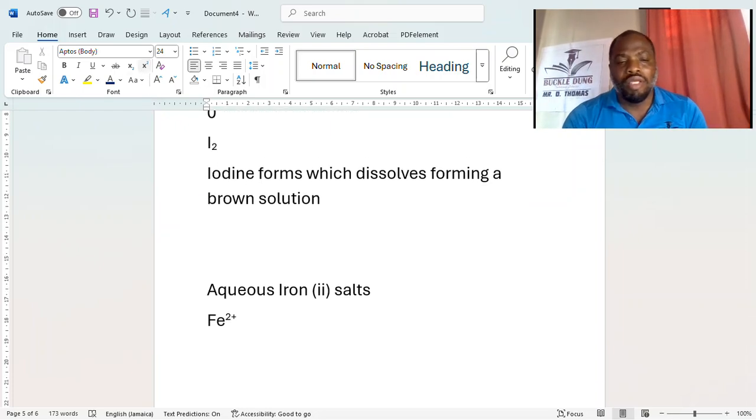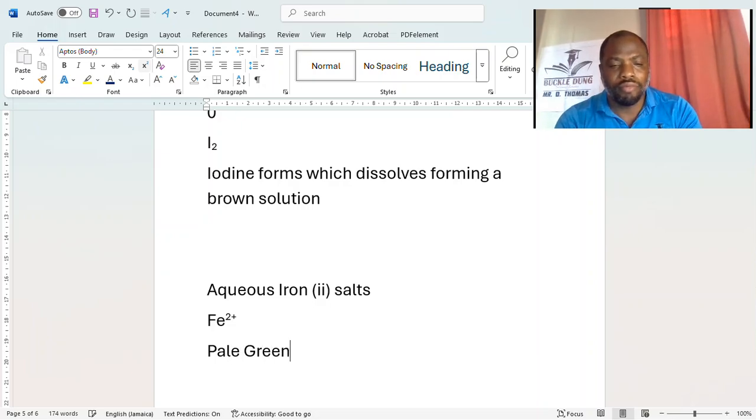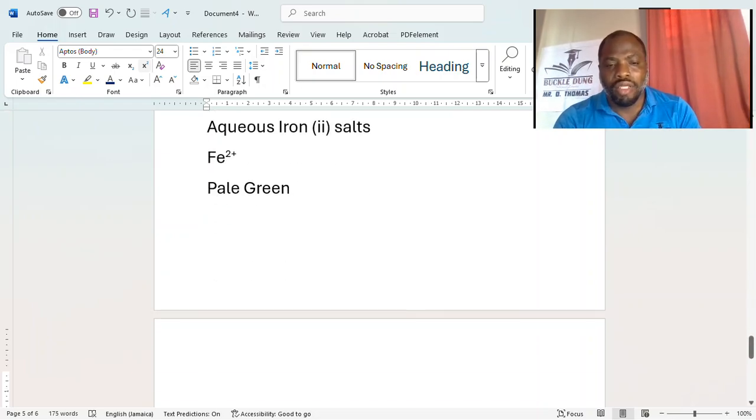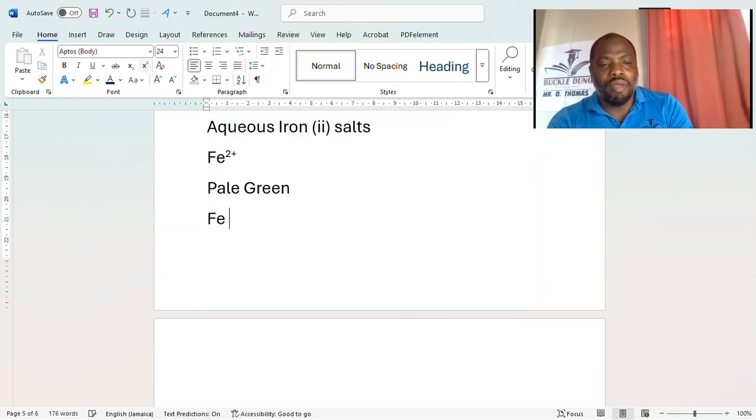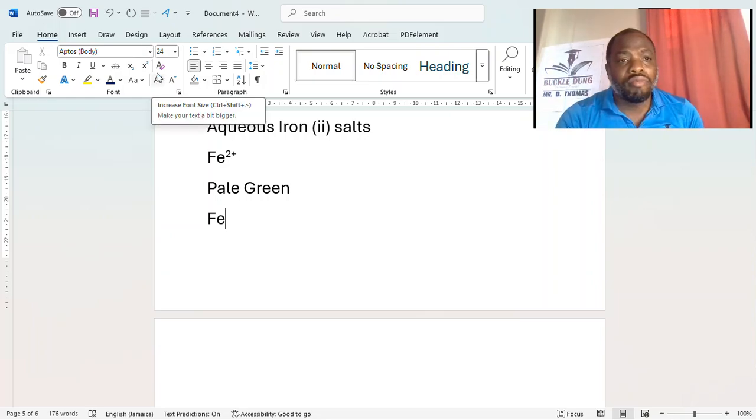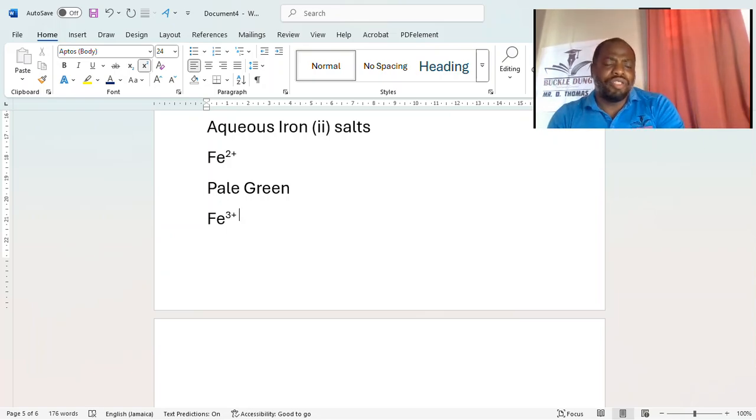So remember, the presence of the Fe2+ ion is that they are pale green. Yeah? And so what you find happening, remember, it's going to be oxidized, and so it gets oxidized to a 3+. It gets oxidized to the iron 3, right?